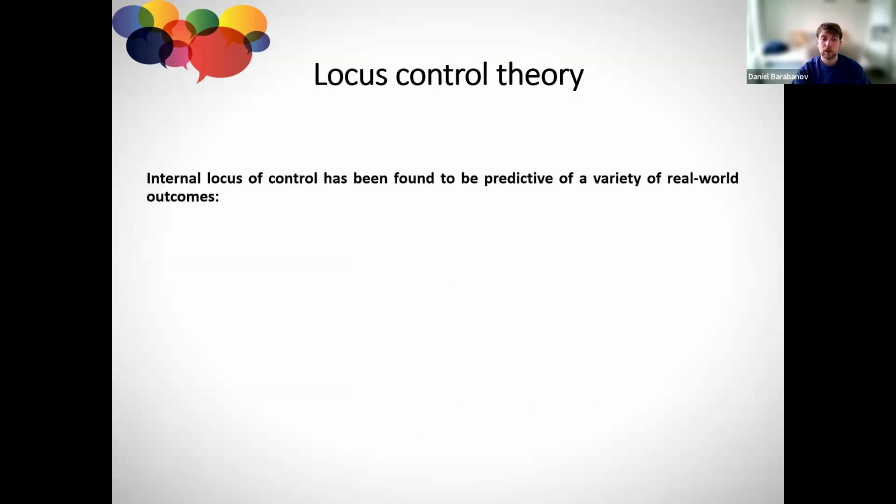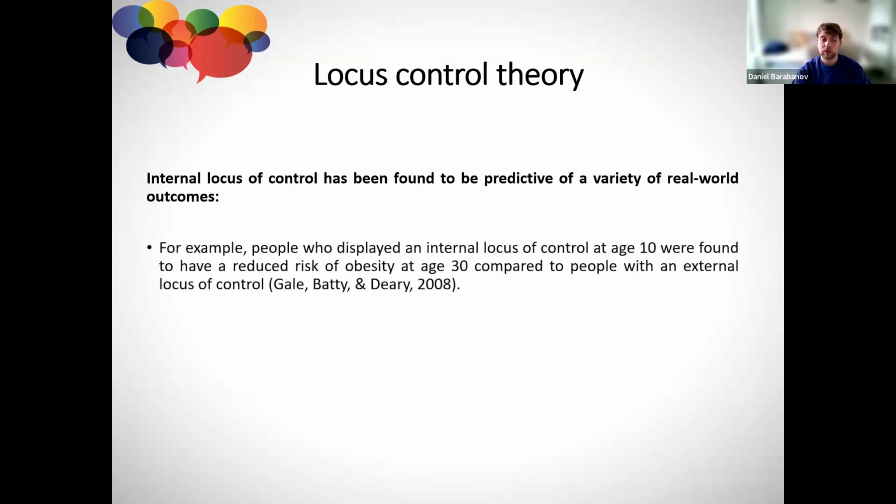For example, internal locus of control has been found to be predictive of a variety of real-world outcomes. People who displayed an internal locus of control at age 10, early in their childhood, had reduced risk of obesity at the age of 30, right? So it's a long-term prediction.